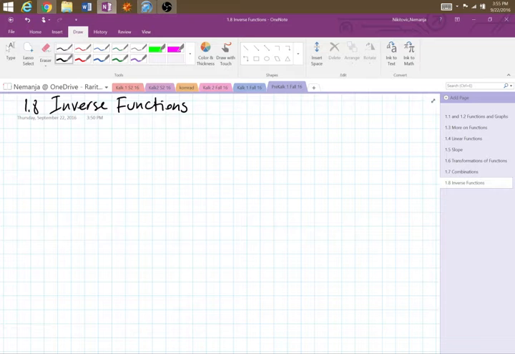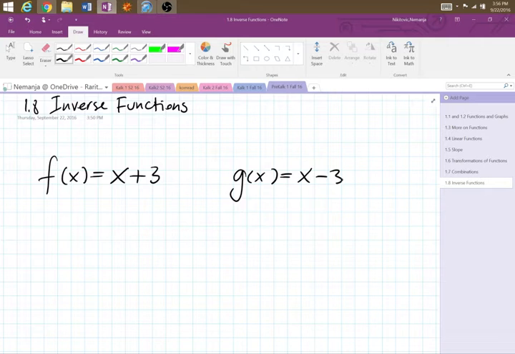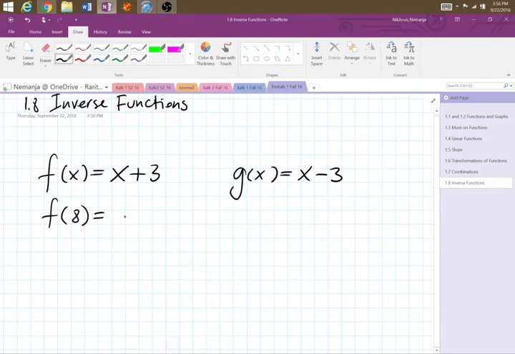I will start with a simple notion of f of x is equal to x plus 3 and g of x is equal to x minus 3. So I'm just going to start here. I'm giving you two functions, and I will ask you how much is f of 8? 11, because 8 plus 3 is 11.